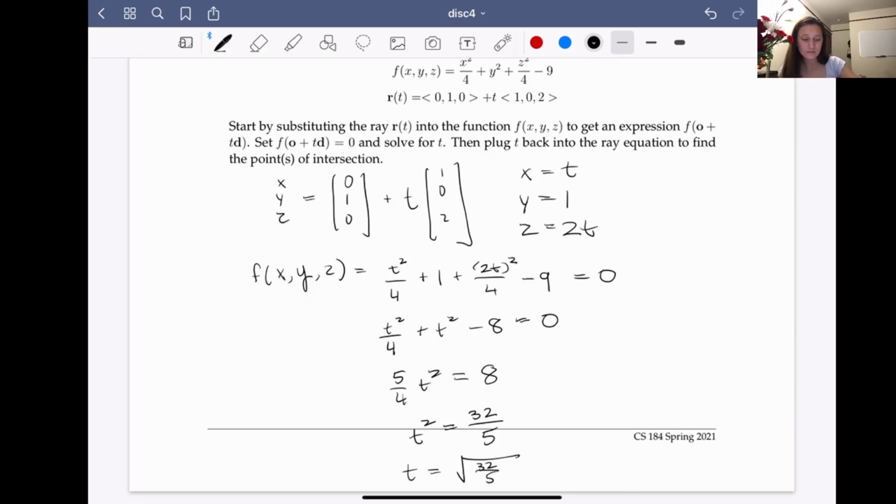Okay. And now the last step is to just plug t back in. Okay, so if we plug this back into our ray equation, I'll just put it here.